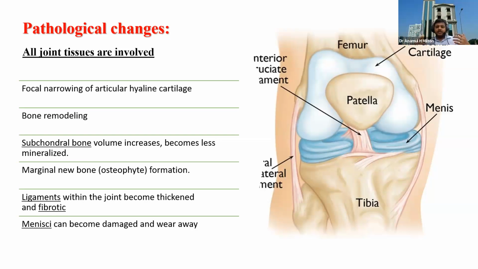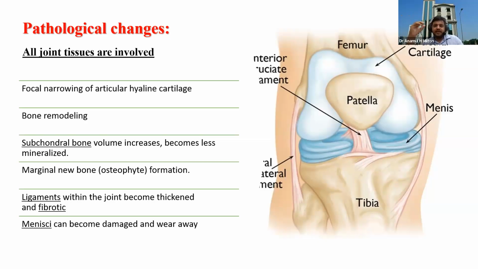Then with this decrease of the hyaline cartilage, there is some bone remodeling. That means the bone changes, trying to make things normal again. So there is new bone formation, which is called osteophytes.